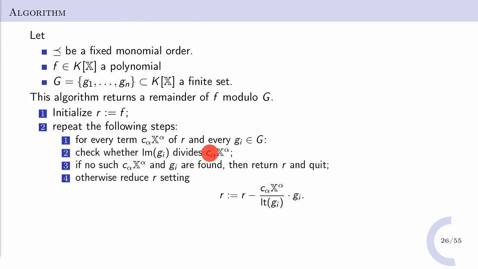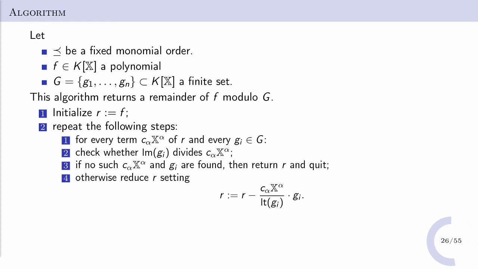If there is no such monomial and no such polynomial Gi and no monomial xi, then R is the remainder we are after, so we just return R and we quit. As I said, this is a generalization of Gauss elimination.